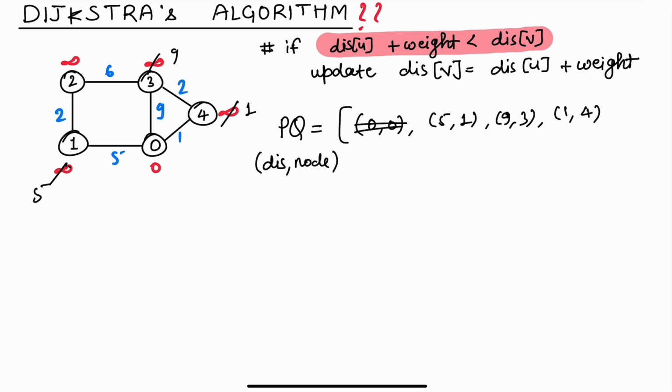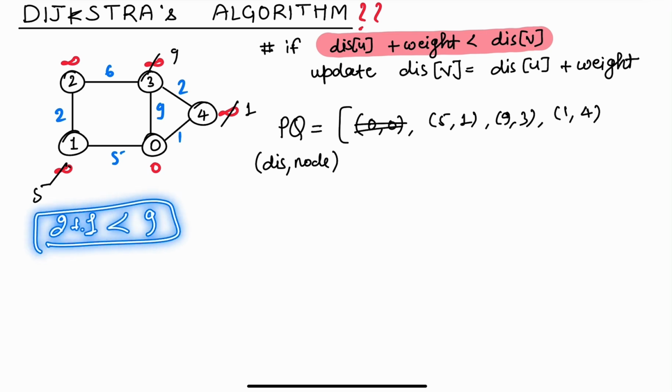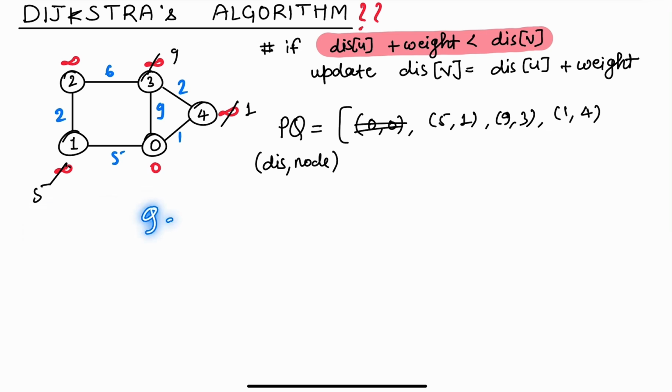And when we go to 3, what we see is the distance from 4 to 3 is 2, plus distance from 0 to 4 is 1, and what we see is 2 plus 1 is 3, which is less than 9, the current distance of 3.